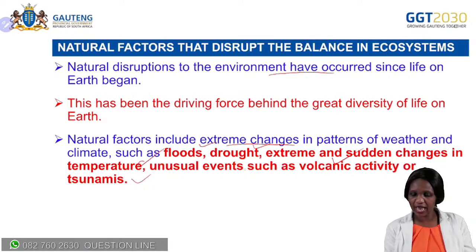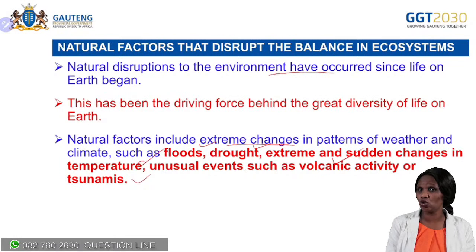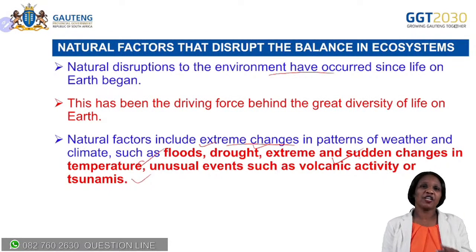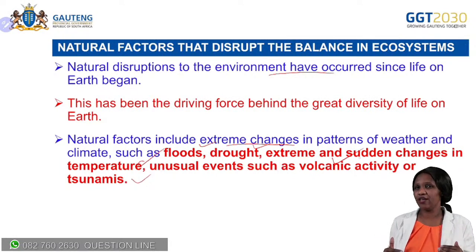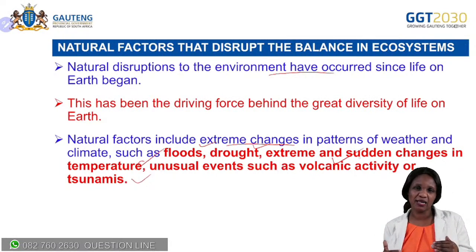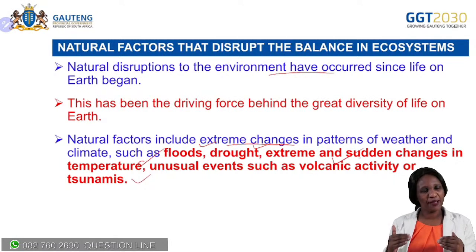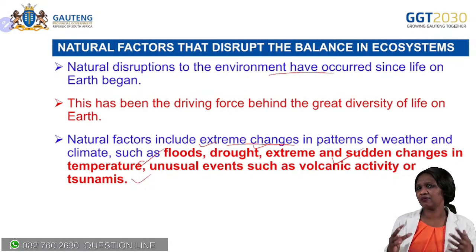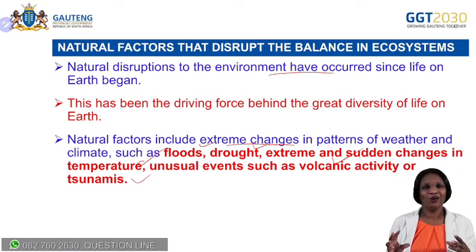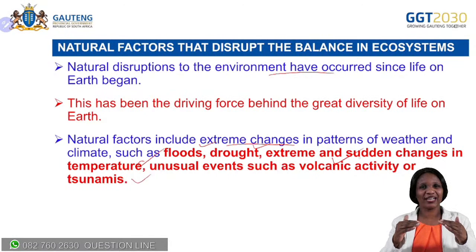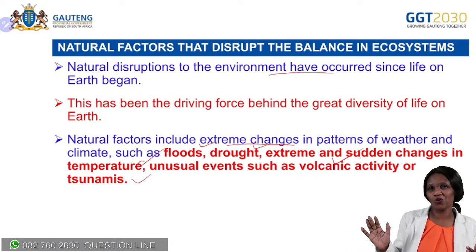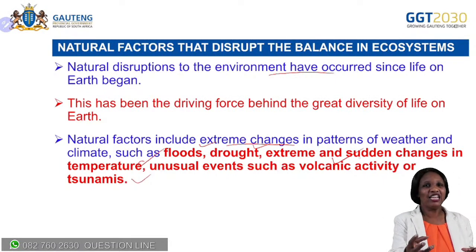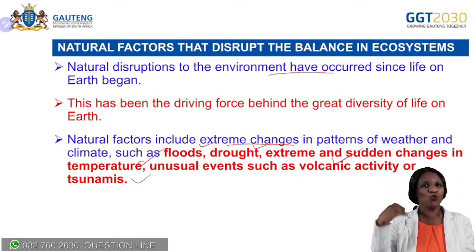And then we also have volcanic activity and tsunamis. For example, tsunami means a big wave. It is a Japanese word meaning a big wave. What happened when we had this tsunami? It is when an earthquake strikes in a sea, and then the water from the sea will go back into the sea, and then it will shoot out as a big wave.